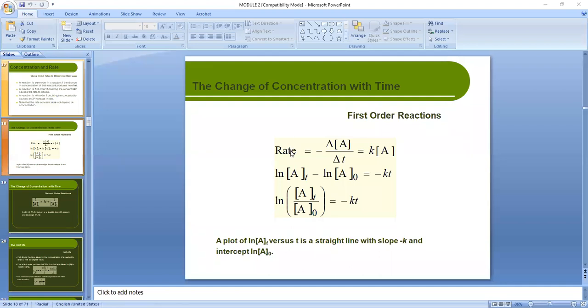So we move on. For a first order reaction, you have in your kinetics two formulas to use. It could be based on concentrations, and we can also write this as ln of Ca over Cao equal to negative Kt.